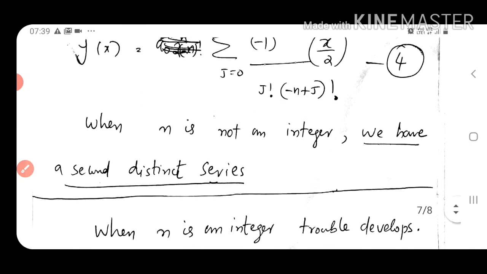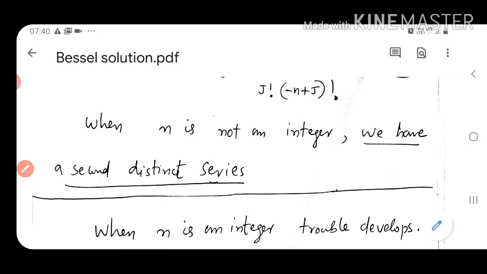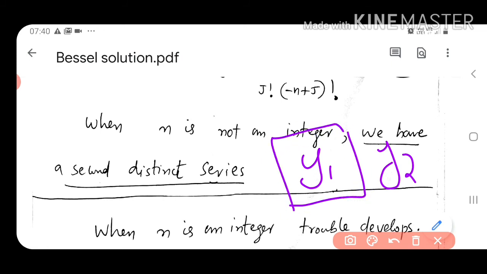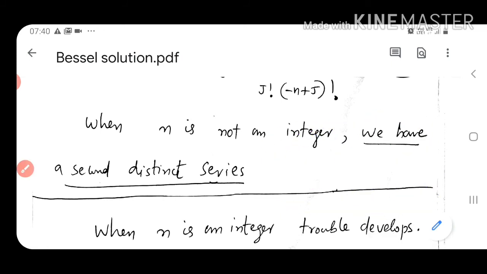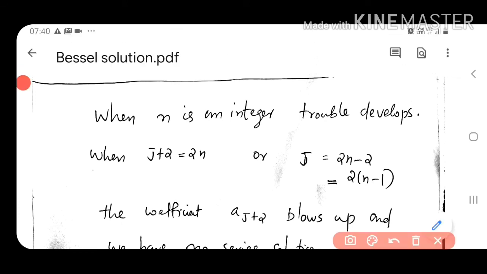When n is not an integer, the solution that we get is a distinct series, and we have two solutions: y1 for k equal to plus n, and y2 for k equal to minus n, and these two are distinct. Now that is the case when n is not an integer. When n is an integer, trouble develops.